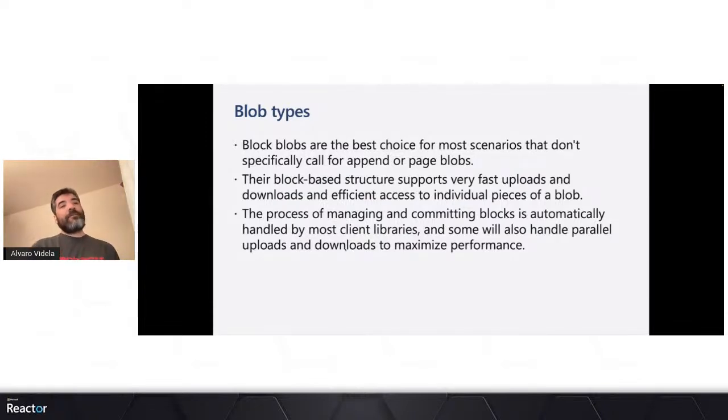So block blobs are the best choice for most scenarios that don't specifically call for append or page blobs. Their block-based structure supports very fast uploads and downloads and efficient access to individual pieces of a blob. The process of managing and committing blocks is automatically handled by most client libraries, and some will also handle parallel uploads and downloads to maximize performance.